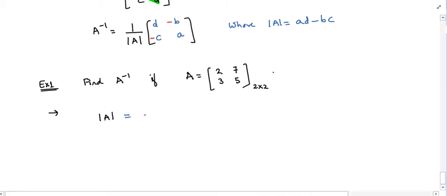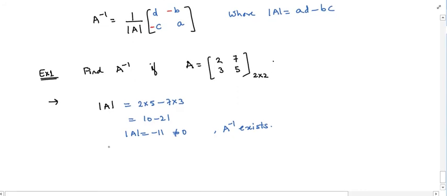The determinant is 2 times 5 minus 7 times 3, which is 10 minus 21. So the determinant of A is minus 11, which is not 0. Hence A inverse exists. It is possible for the determinant to be negative, but the inverse still exists.